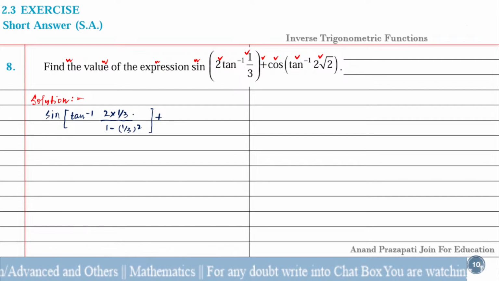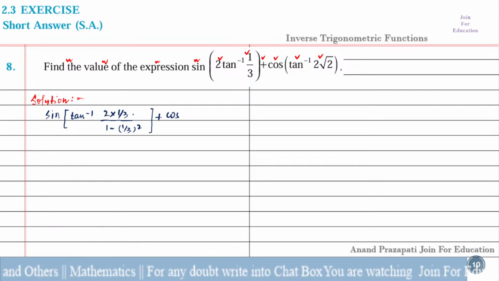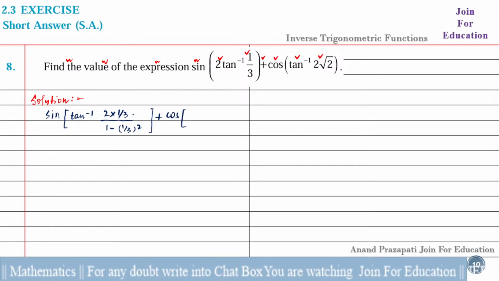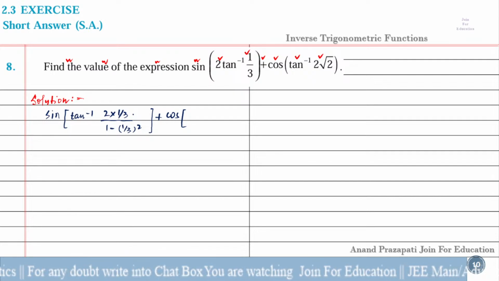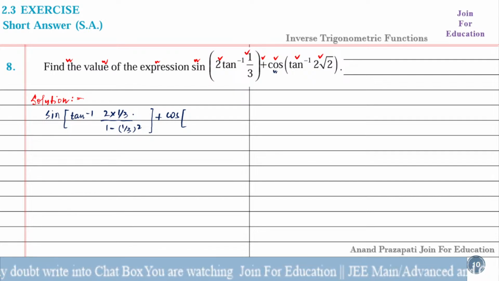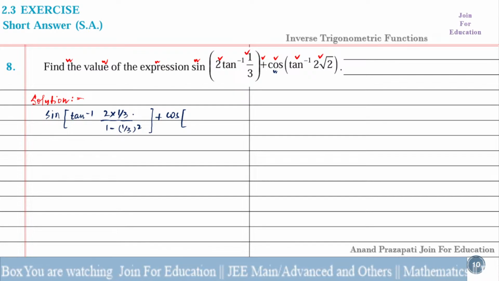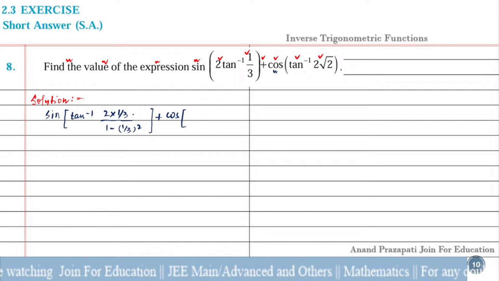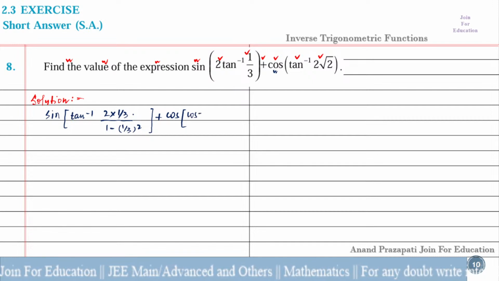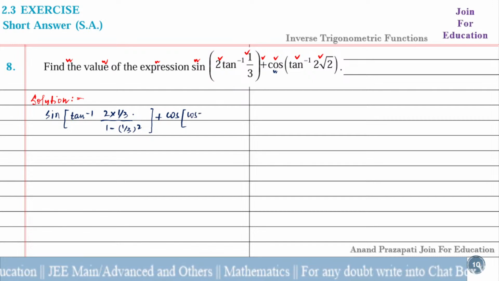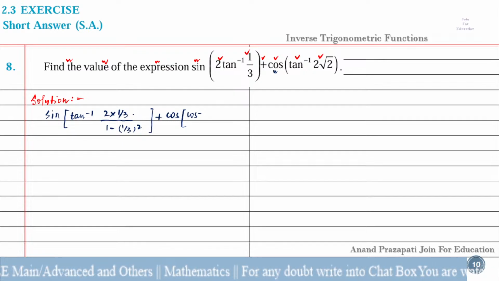Again we write down here cos, and we convert tan inverse 2 root 2 into cos. So we know that tan theta equal to p by b and cos theta equal to b by h. So here will be cos inverse. Here p by b, it means that b is here 1.